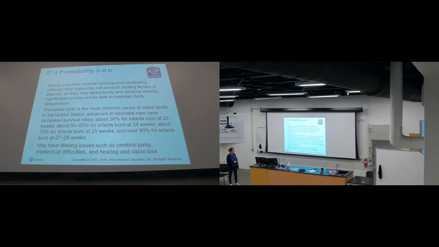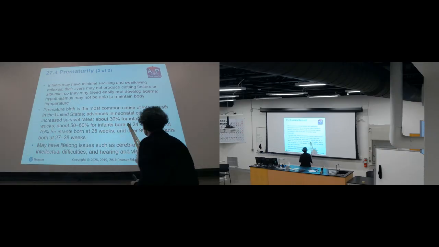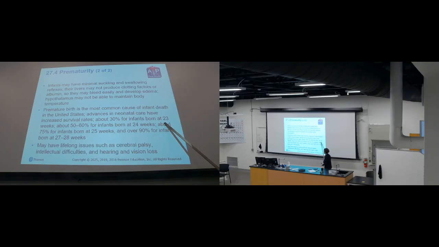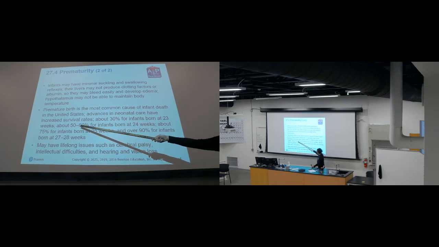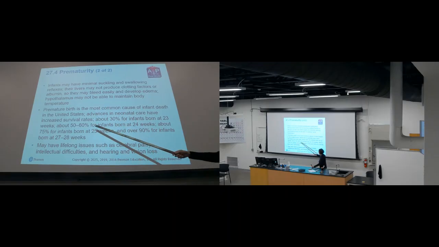The most common cause of infant death is premature birth. Fortunately, there are several advances in neonatal care that increase the survival rate. It is 30% for infants born at 23 weeks, and the chances of survival almost double just 1 week later. So from 30%, you can go up to 60% of survival just by a difference of 1 week.